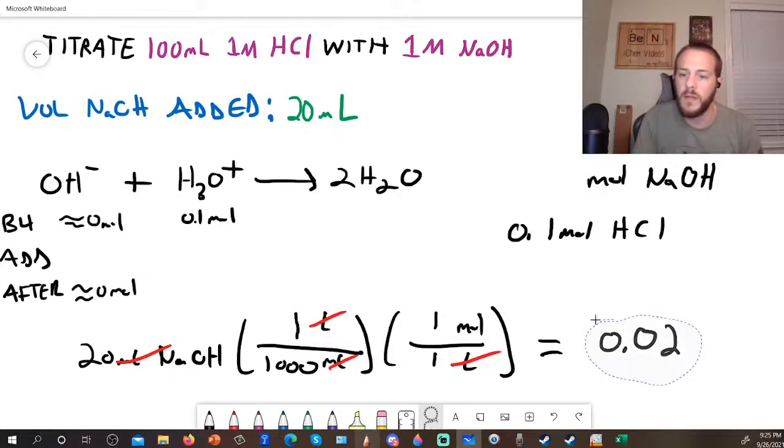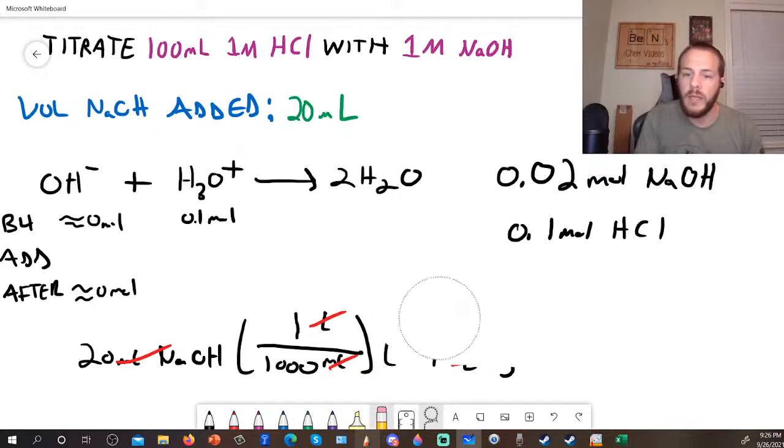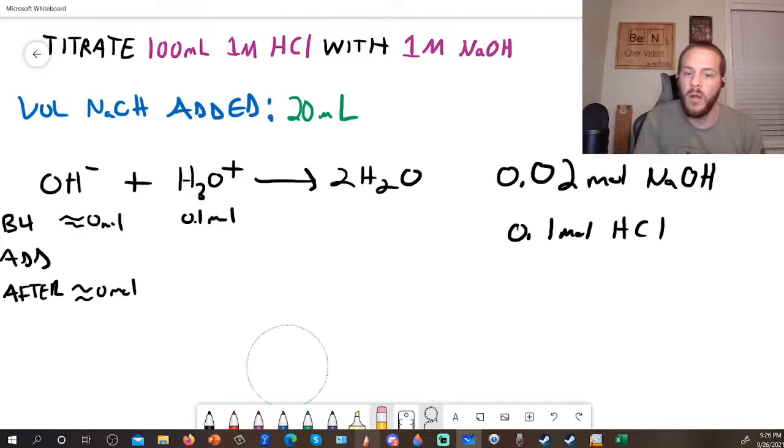So let me take that 0.02, drag it up there. So we have 0.1 moles of HCl, 0.02 moles of NaOH. Obviously, our HCl is in excess, so all of that added sodium hydroxide is going to be neutralized. So the addition in this case is 0.02 moles of hydroxide.